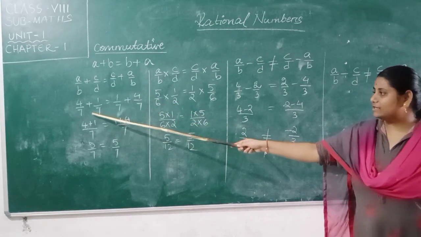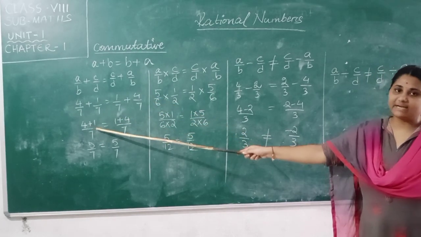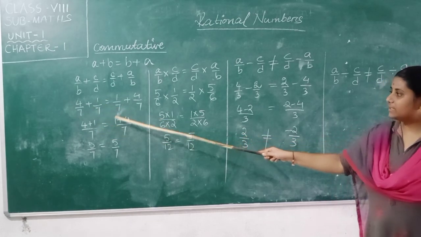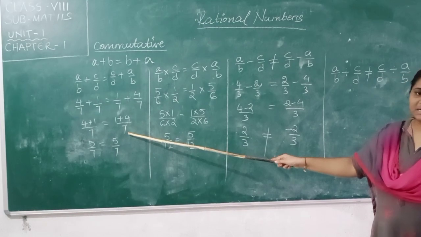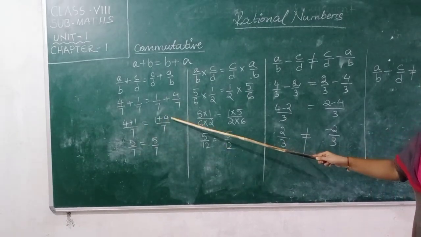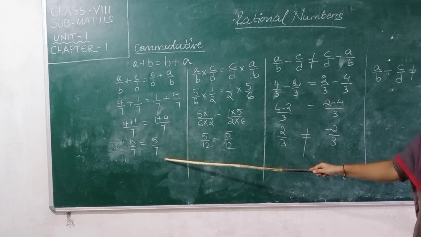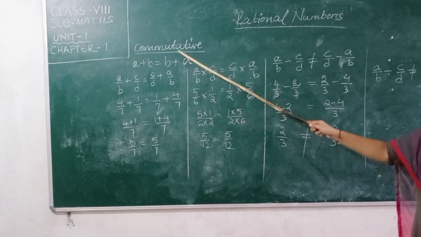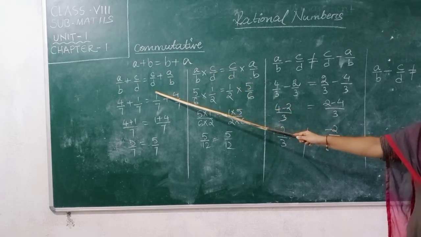Here the denominators are the same, so numerators we can add directly. So we get 4 plus 1 upon 7 equal to 1 plus 4 upon 7. 4 plus 1 is 5 upon 7 equal to 1 plus 4 is again 5 upon 7. So both LHS and RHS are satisfied. So commutative property holds under addition.